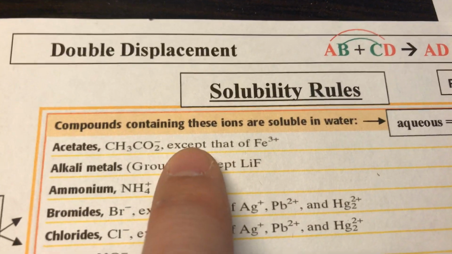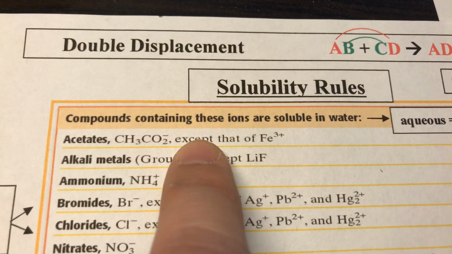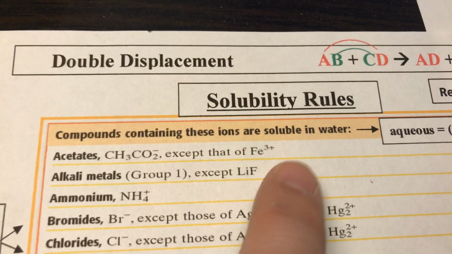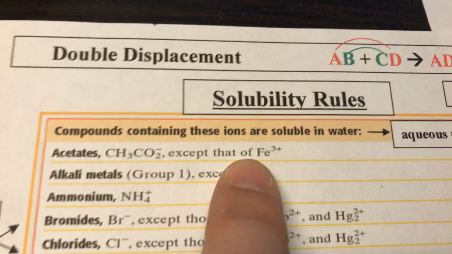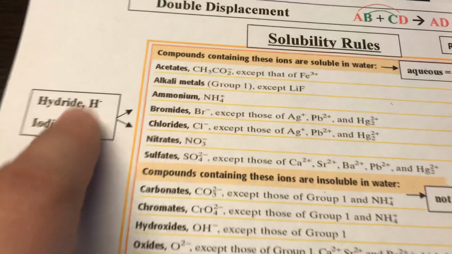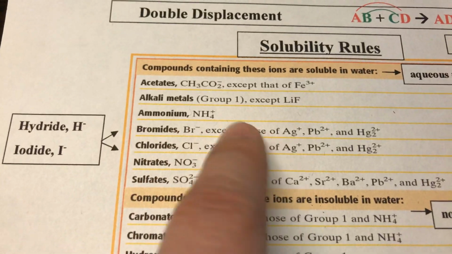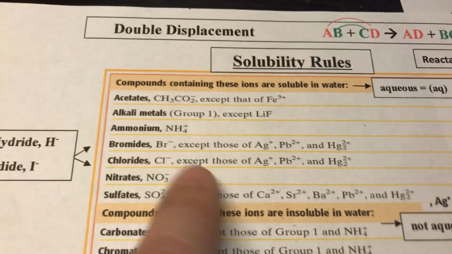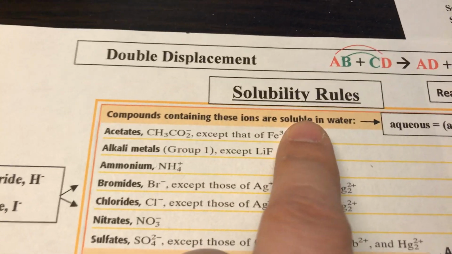Except soluble is the opposite, so it becomes insoluble. In other words, iron 3 acetate is insoluble in water because iron 3 is in the exception. Hydride and iodide have the same exception list as bromide and chloride. Anything in the exception list is the opposite of the word soluble.